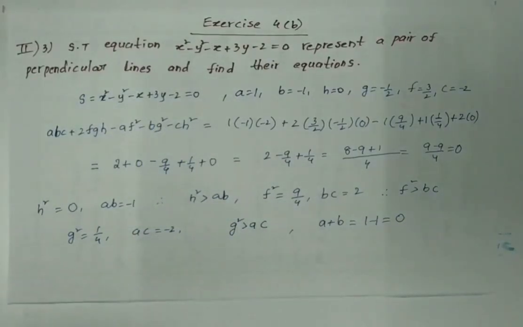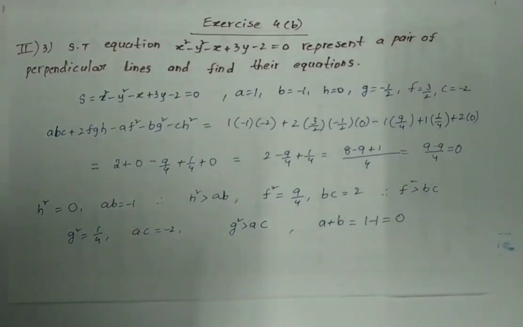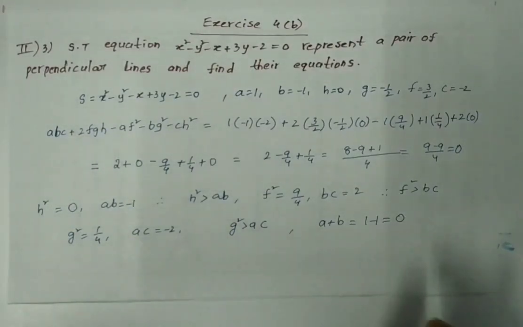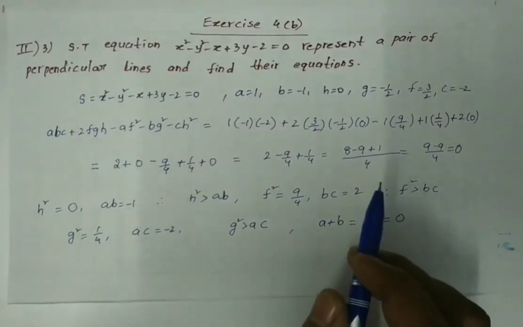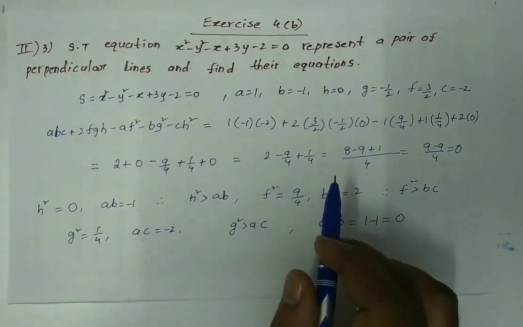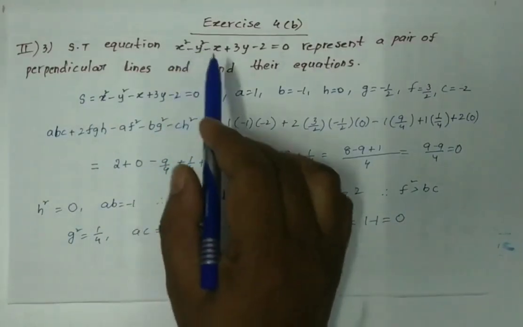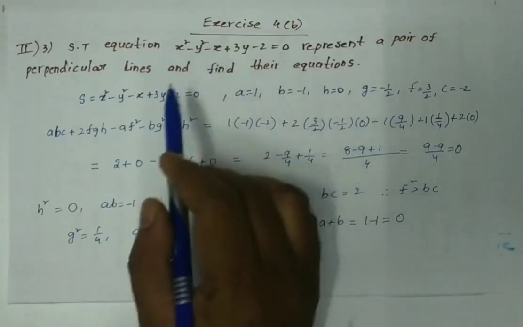For finding the equations which are represented by the equation S is equal to 0, we just have to consider the homogeneous second degree equation from the given non-homogeneous second degree equation.